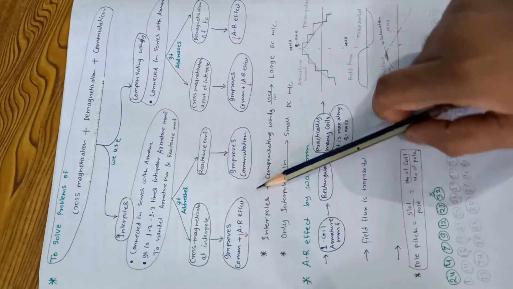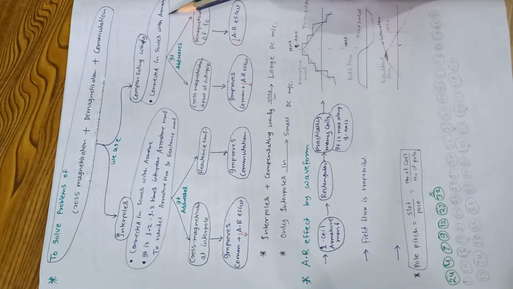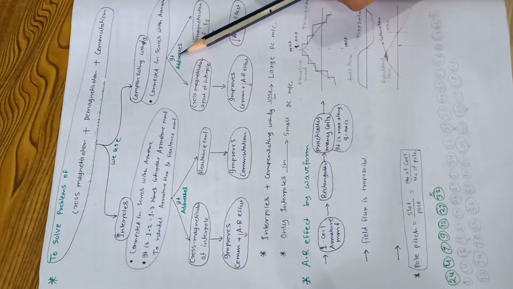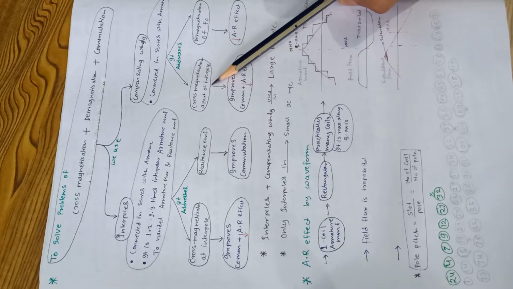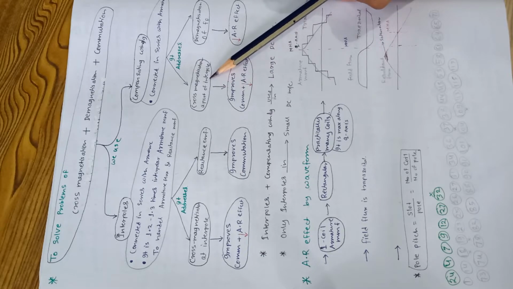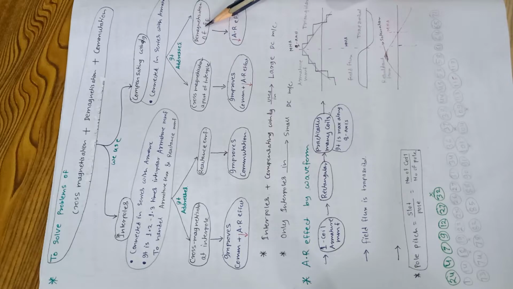Now when we talk about compensating winding, it is also connected in series with the armature winding. It will address cross magnetization, a part of which is under the interpole, and demagnetization of field flux.